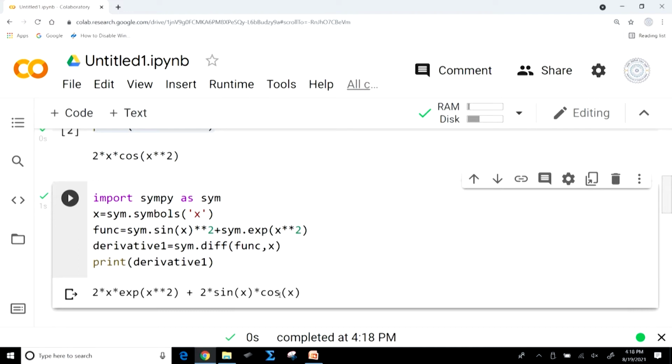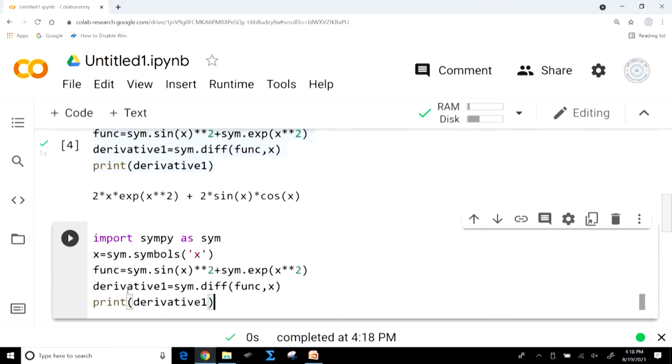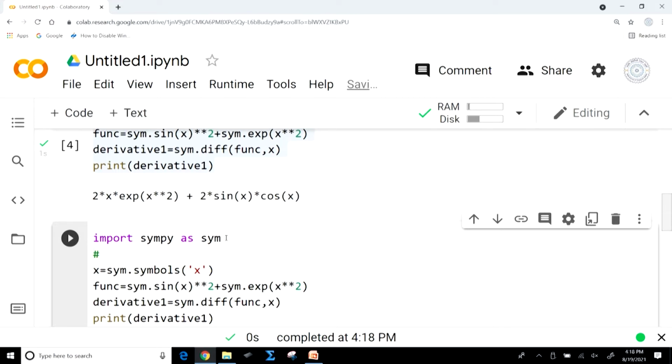Now, suppose for the same function you want to find the second derivative. How can you do that? For the second derivative, the basic command is sym.diff, with the function whose derivative you want to find, with respect to which variable, and n, the number of times you want to differentiate this function with respect to that variable.